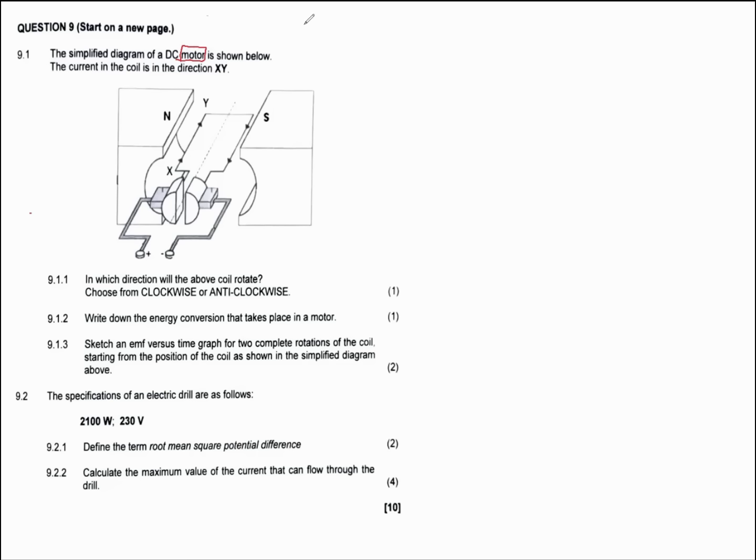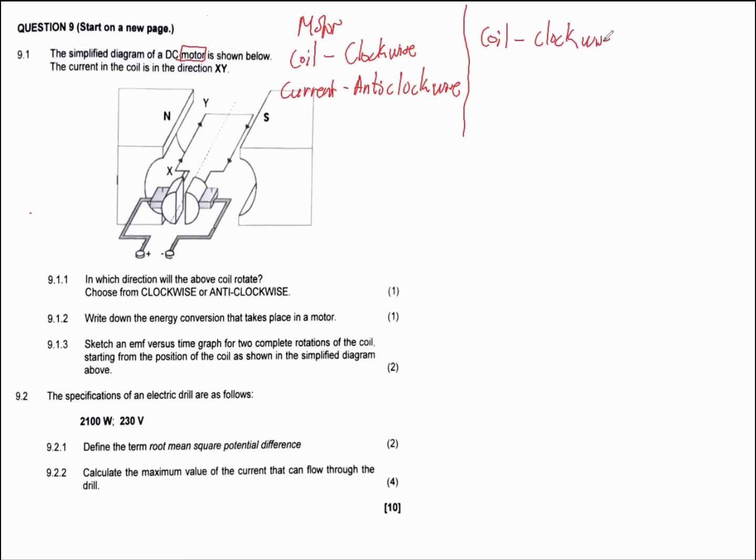Now with the motor, this is what I said. If we are dealing with the motor, if the coil is rotating clockwise, then current is what? Anti-clockwise. This is what you need to note about a motor. And if the coil is rotating anti-clockwise, that means current will be what?